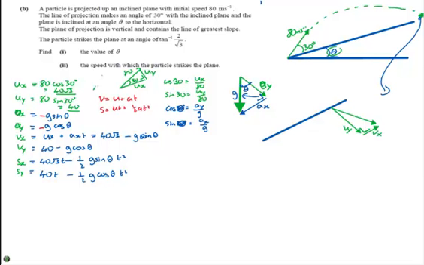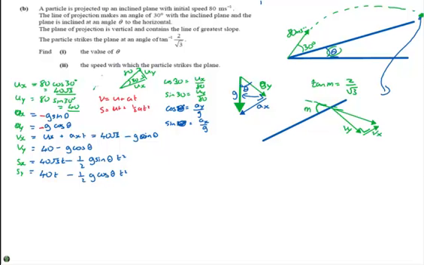Now, I'll just draw this back here. This here is our angle, which if we just call it m, is given in the question that the tan of m is equal to 2 over root 3.